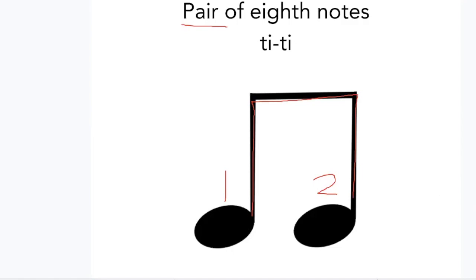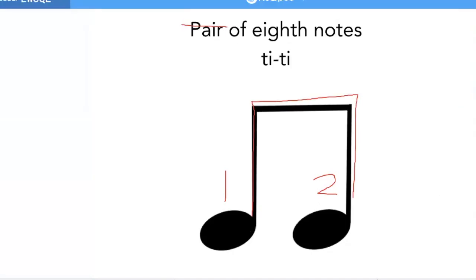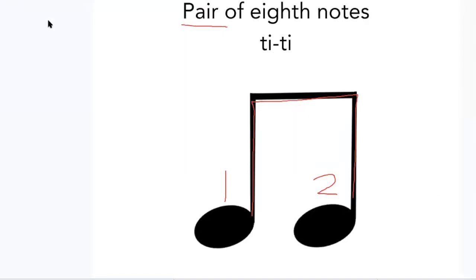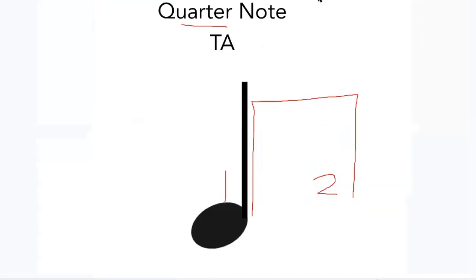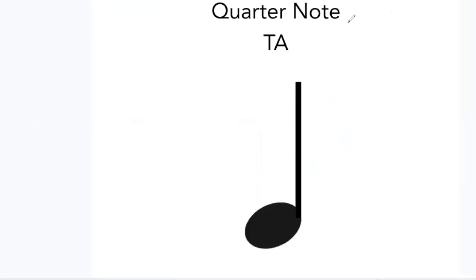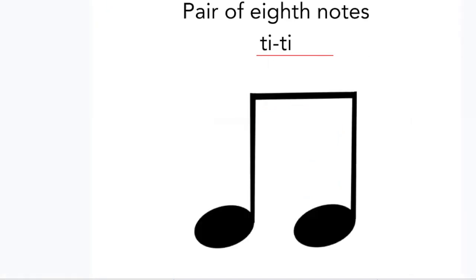And we can also read this by saying ti-ti. You'll see why that's important to know when we get into reading more music, because it helps us find out the rhythm of things. So when we see a quarter note, we say ta. And when we see a pair of eighth notes, we say ti-ti. Good.